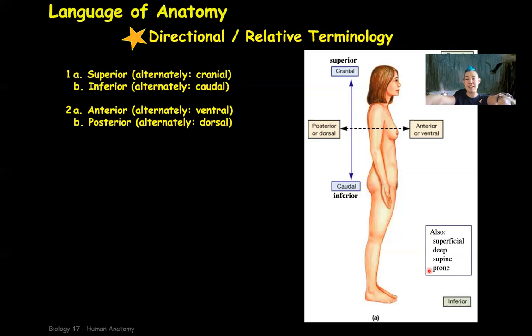If palms are facing down or toward the back, away from standard anatomical position, then they're pronated. And we'll learn about the muscles that are responsible for supination and pronation of the forearm, that unique rotation of the radius and the ulna past each other.